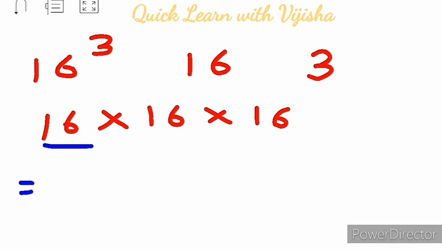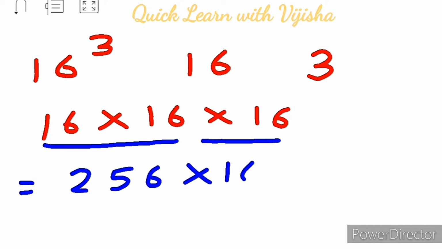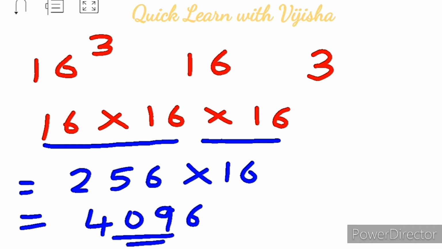So 16 into 16 will give you the answer as 256. And this 16 you have to multiply again. Understanding children? So 256 into 16 will give you the answer 4096. So this is the value for 16 raised to 3. Understanding children?